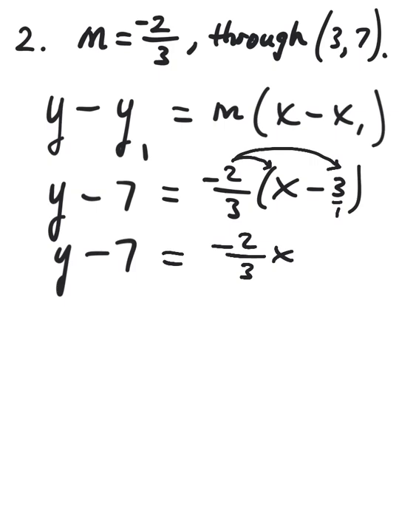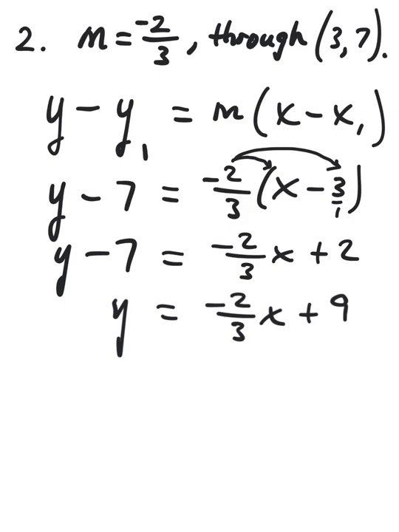So that's positive 6/3, which reduces to 2. Add 7 to both sides, and you're going to get negative 2/3 x plus 9. Alright, so that is the slope-intercept form of the line described at the top of the page.